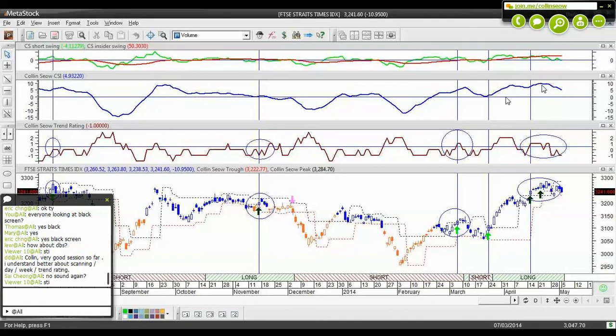And then only on this recent one, on the 6th of March, trend rating, right? And then on the 15th of April, trend rating, right? And on the 22nd of April, trend rating also. So see, these are the few arrows for STI. Okay.